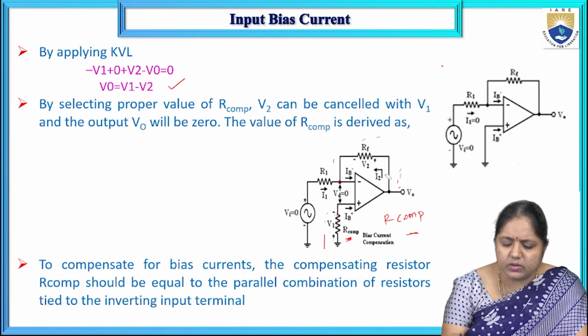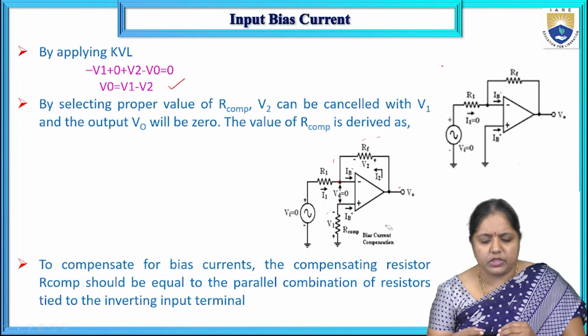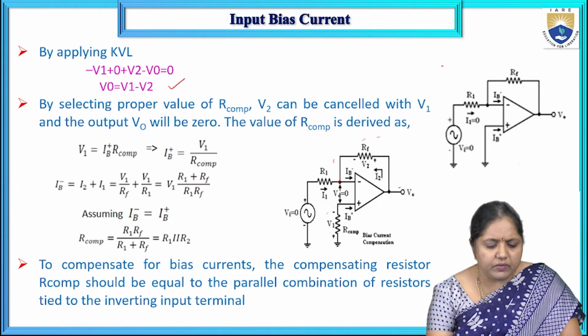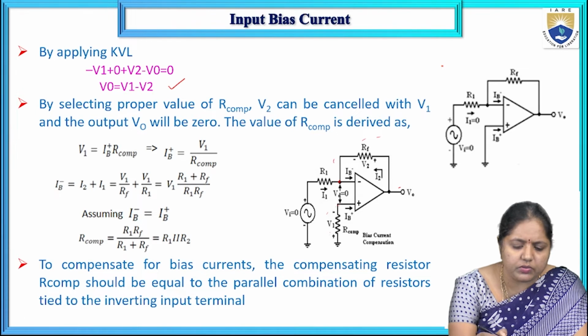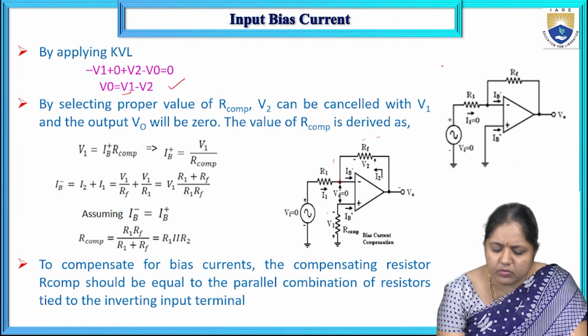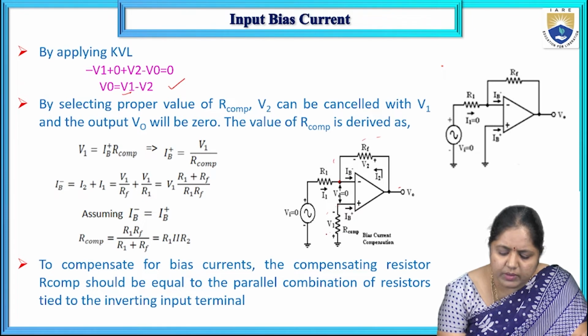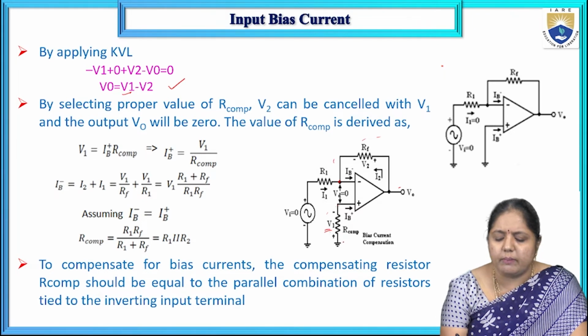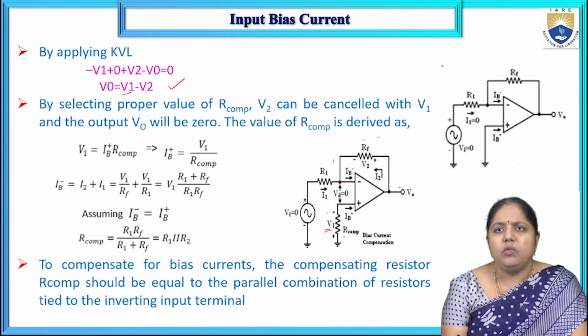After this, I first need to find the V1 value and the V2 value. Then I can find the R compensation value. So separately, I first find V1. What is V1 here? V1 is the voltage drop across the R compensation resistor.